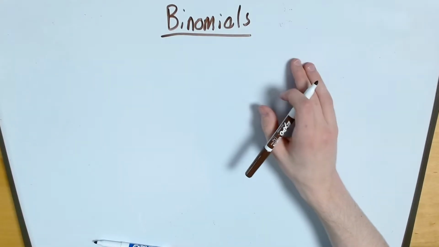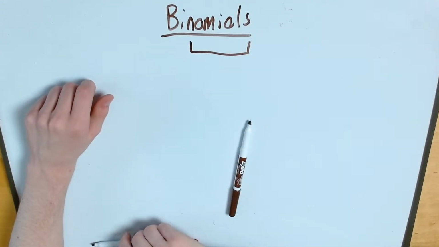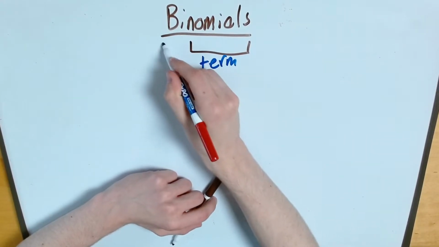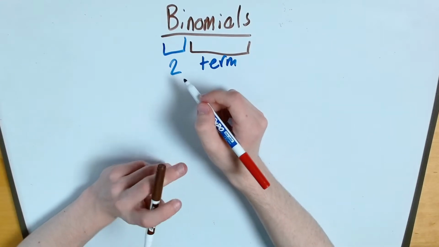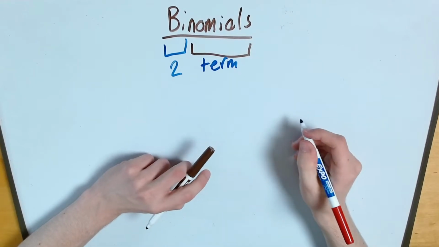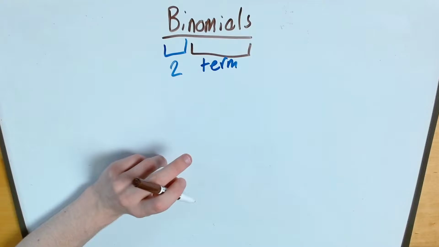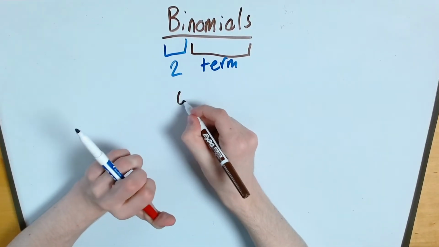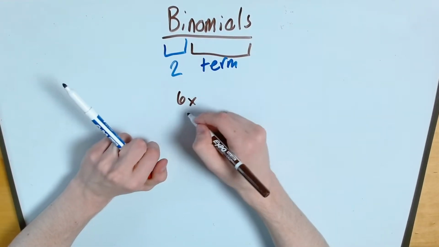So first, what is a binomial? Well, the nomial part, again, means term. But this bi part means two. So a binomial is a polynomial with two terms. And if you remember back to the previous video, when I talked about terms, a term is a section of a polynomial that has a coefficient and x raised to a certain power, or whatever variable.